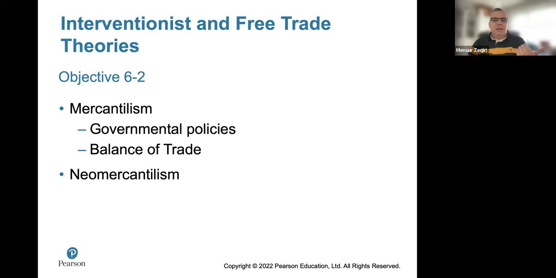Neo-mercantilism is the running of a favorable balance of trade to achieve some social or political objectives. Countries, for example, may reduce unemployment, engaging more of the unemployed workforce in order to encourage companies to produce in excess of what is required in the home country.